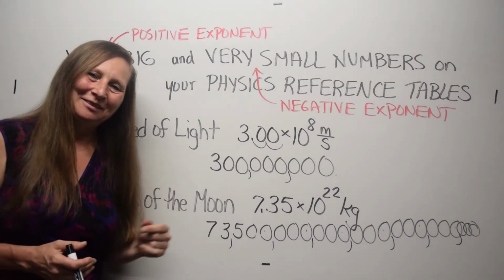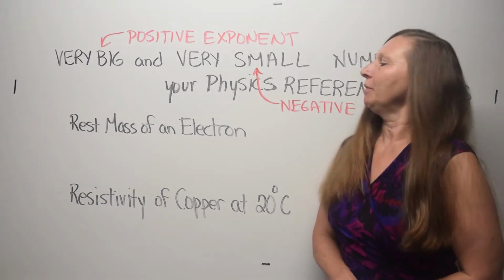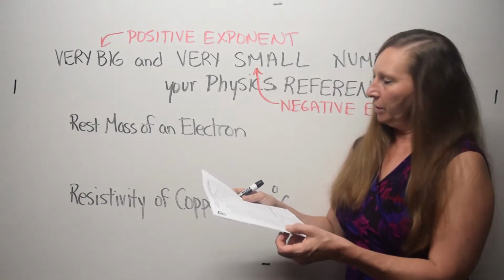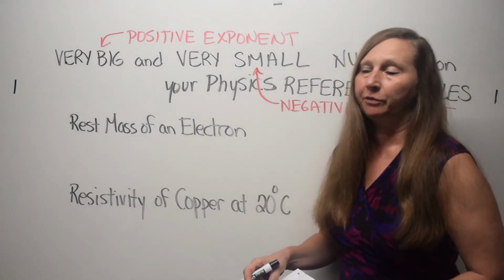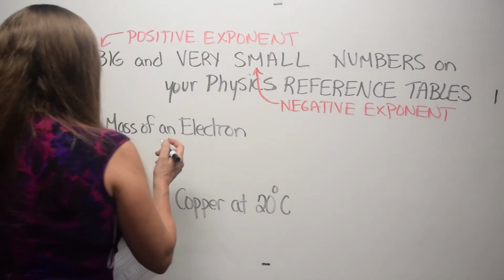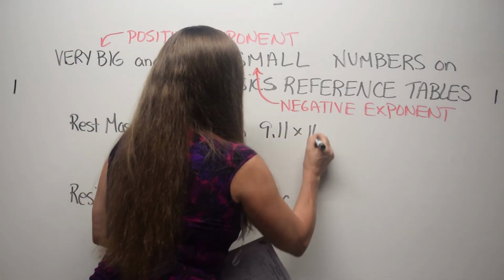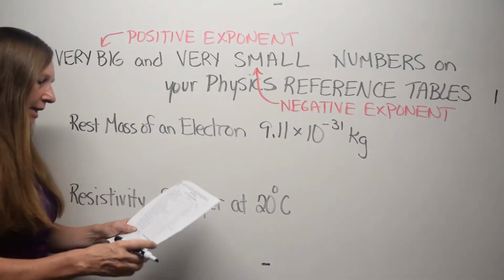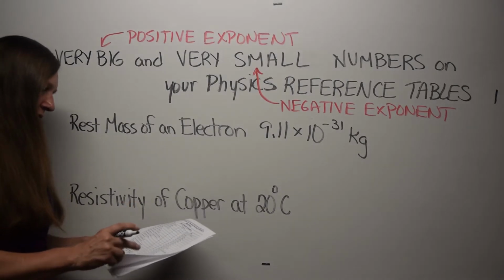Let's do those now. Now we're going to look up 2 very small numbers on your reference tables. The first one, the rest mass of an electron, is on the front page, and it is 9.11 times 10 to the negative 31 kilograms. Then we're looking for the resistivity of copper at 20 degrees Celsius.